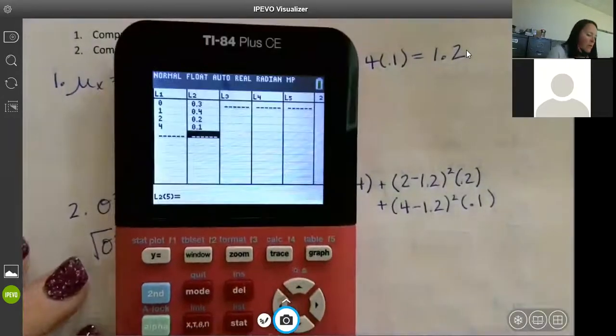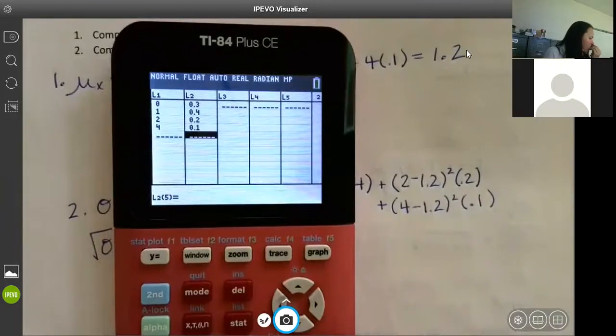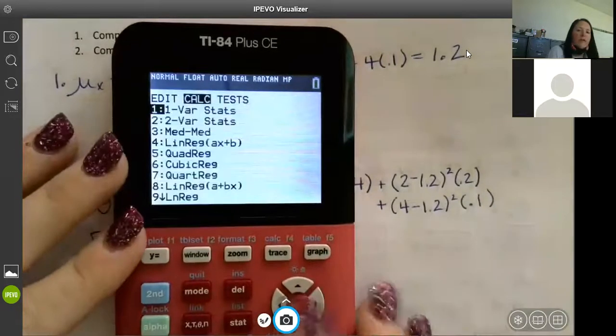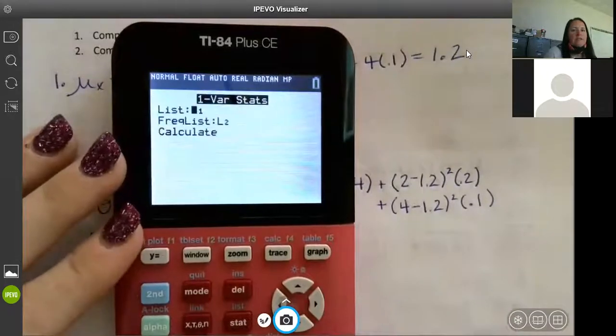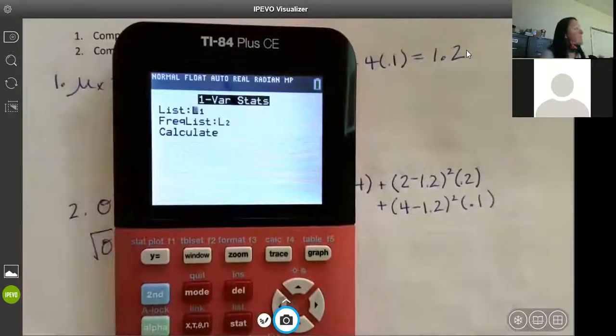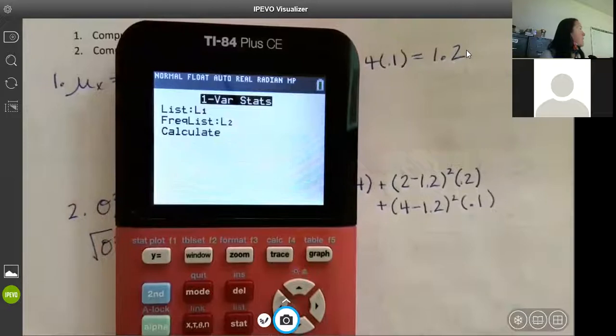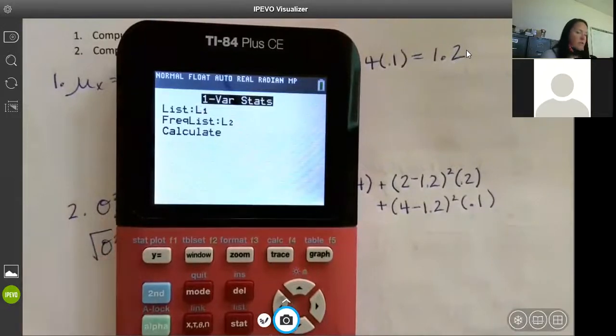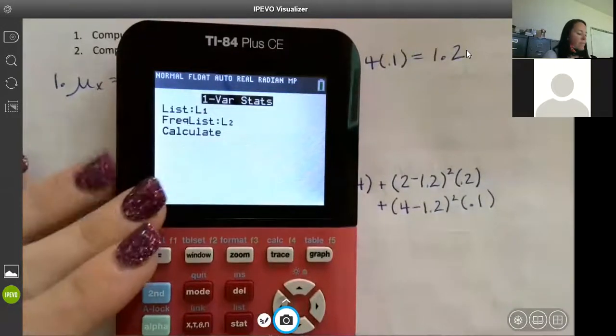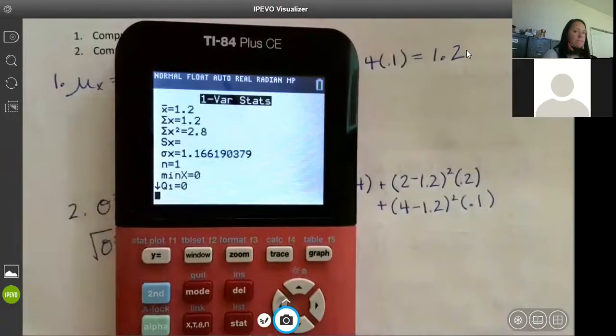All right. Where do we go to do our 1-bar stats? Stat calc. And there's our 1-bar stats. And see how now we have L1 and our frequency list is L2. If yours is not, make it L2, and L2 is second 2. There it is.